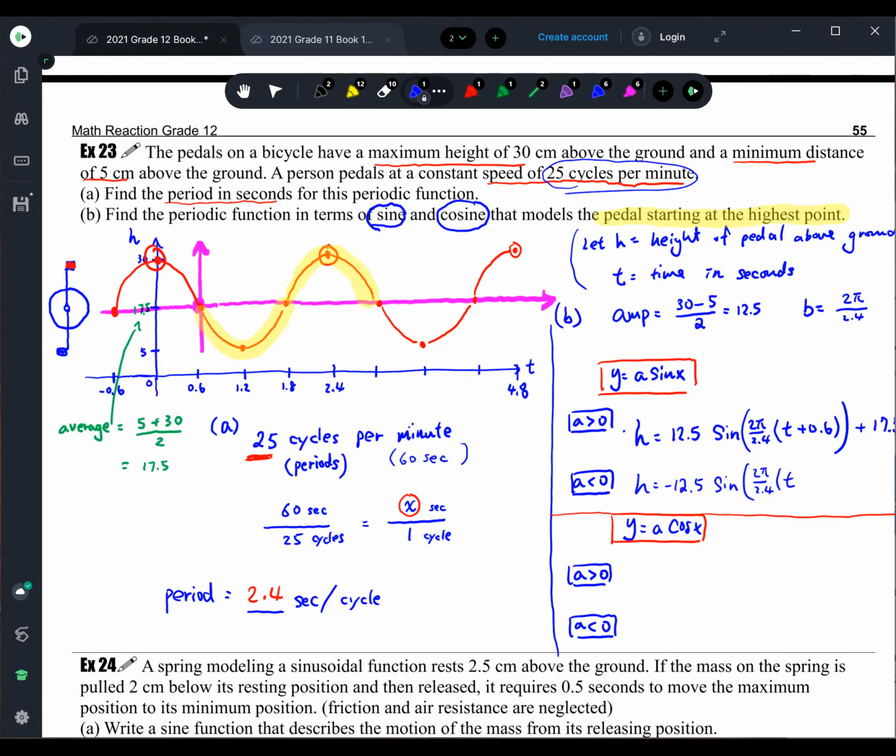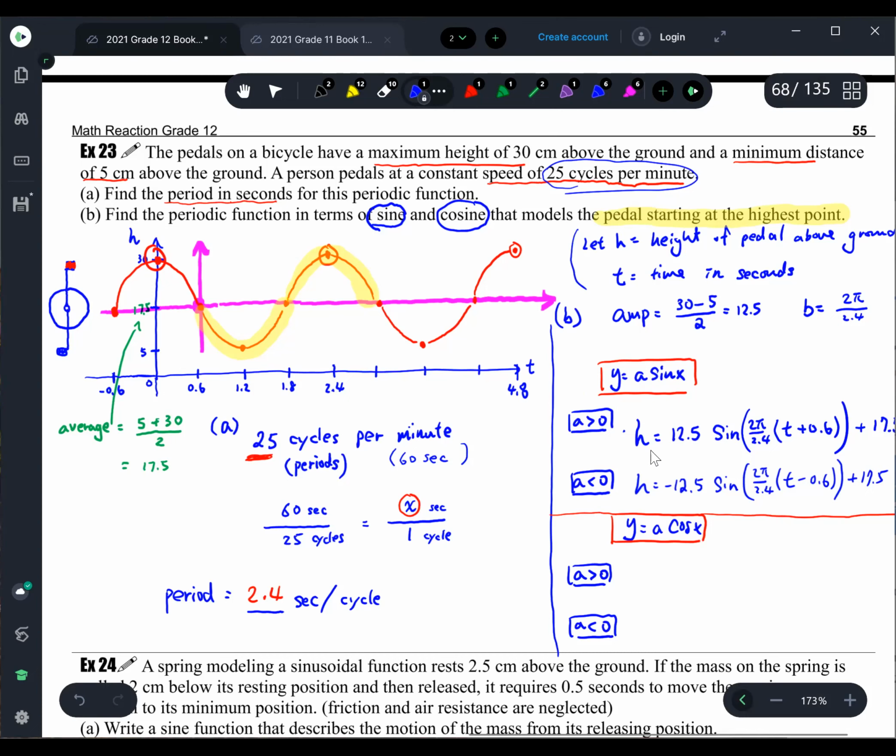T minus 0.6. Very good. Continue. Outside. The plus 17.5. Very good. So the CD for the second equation is at 0.6, 17.5.